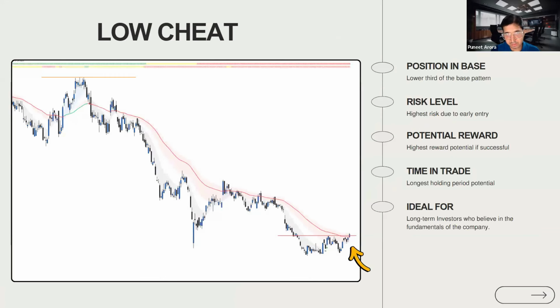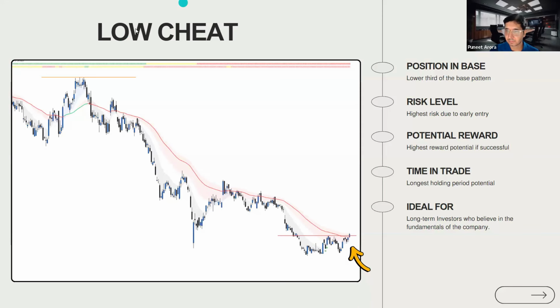When we talk of low cheat setups, we look for stocks that are at the bottom end of the cup. The trend is red, the stock is not doing good for a long period of time, and we are seeking entry or considering breakouts when the stock is coming out of stage one.